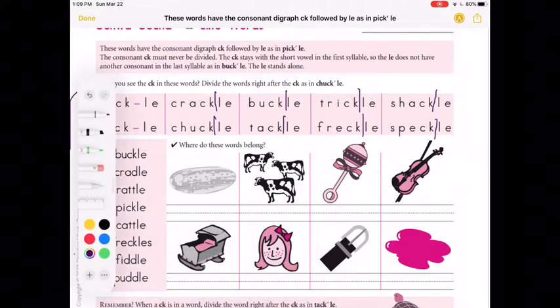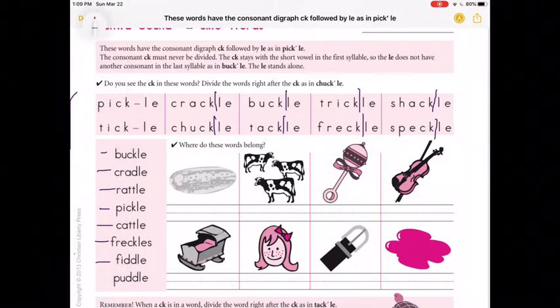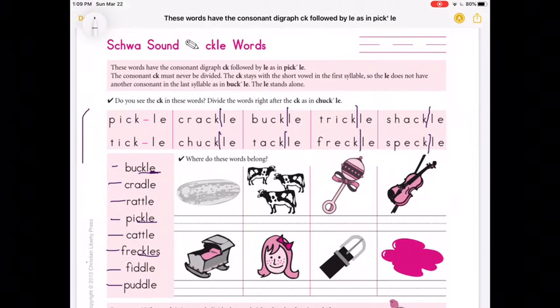So we know that we're working on the ul sound, and some of them have the kul sound, like pickle, freckles, buckle. All right. So I'm going to go ahead and I'm just going to put an LE because we know all of the words have L and E.